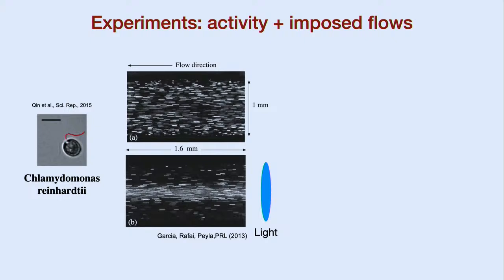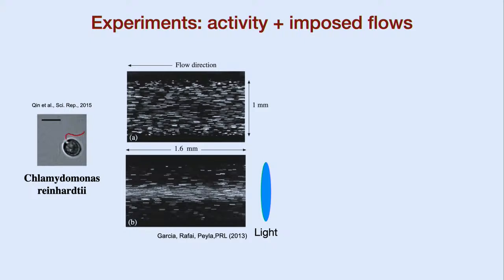That motivation came from this work where a bunch of these swimmers were taken. This is a particular microswimmer, which is a fairly round and rigid object. It was taken in a channel where a flow was imposed. Flow is coming from that side to this side, and in normal conditions, the swimmers simply follow the streamlines. So if you start with a homogeneous concentration across the channel, the concentration remains as it is for all time.